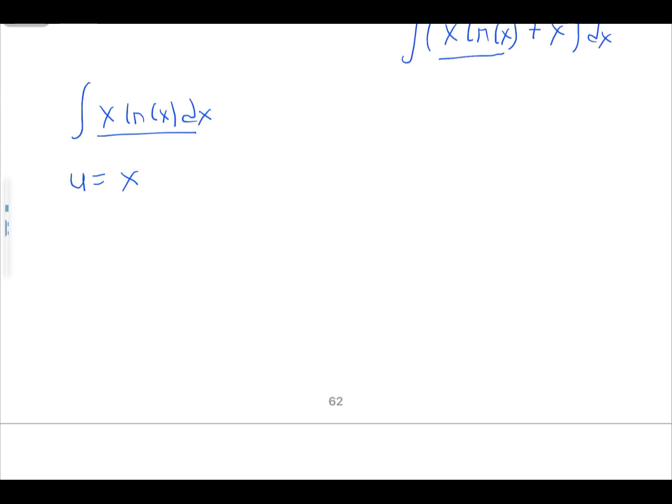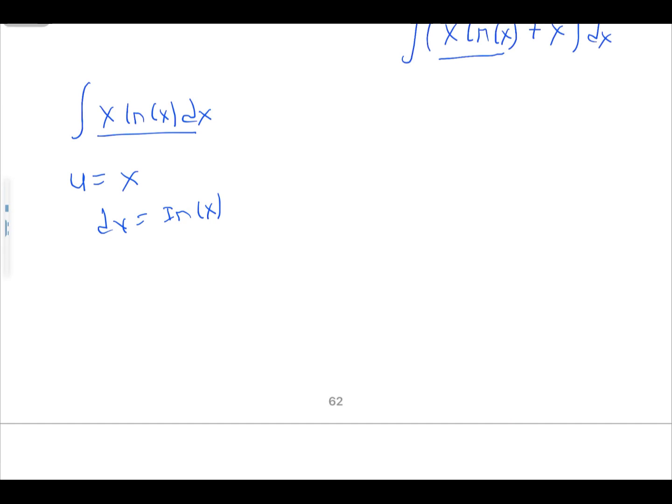we will be able to even reduce the power and then do whatever you want to do. But let's look at something here. When we give u equal to x and when we give dv equal to ln x, that also becomes a whole problem.